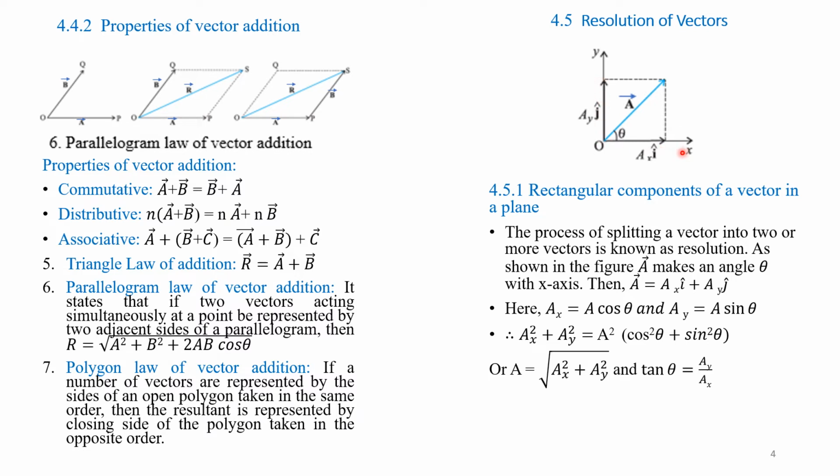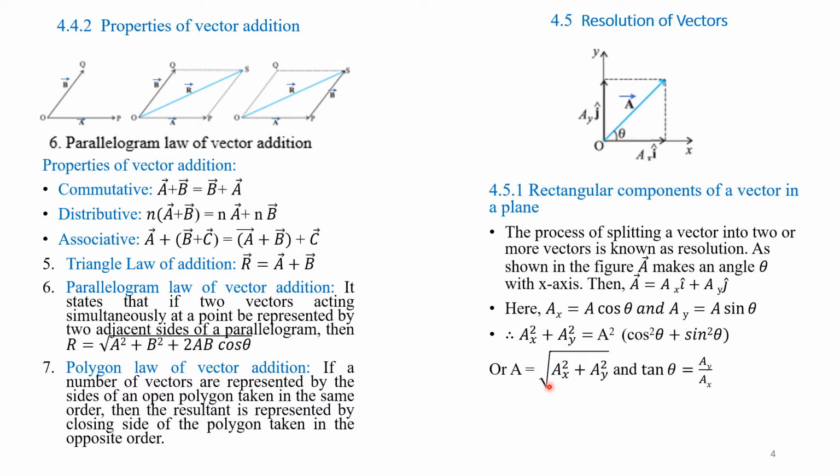That can also be written as AX square plus AY square equals A square, that is, A square cos squared theta plus A square sin squared theta, because AX is equal to A cos theta and AY is equal to A sin theta from the knowledge of our trigonometry.